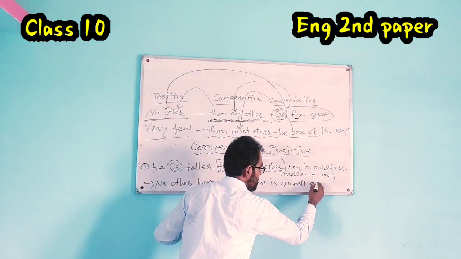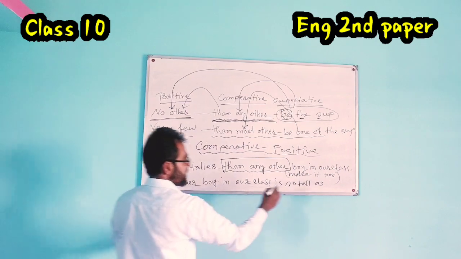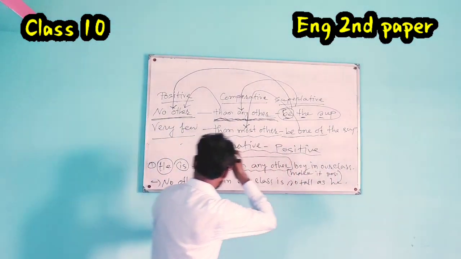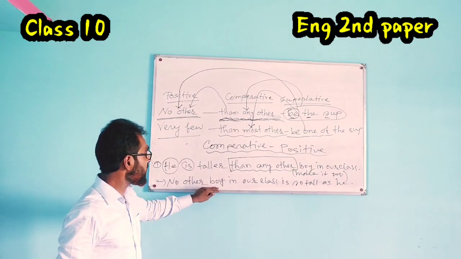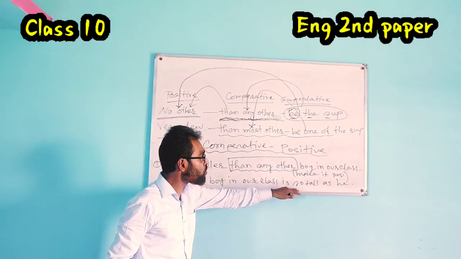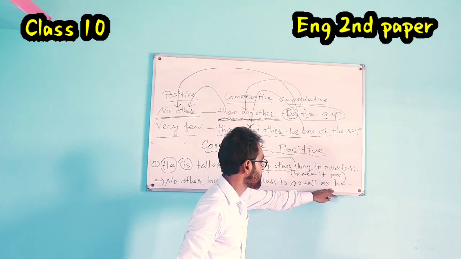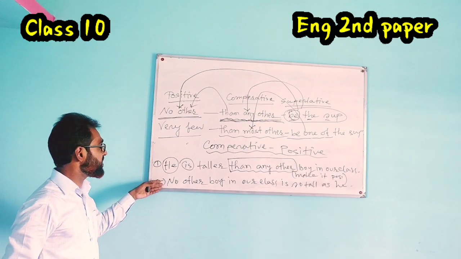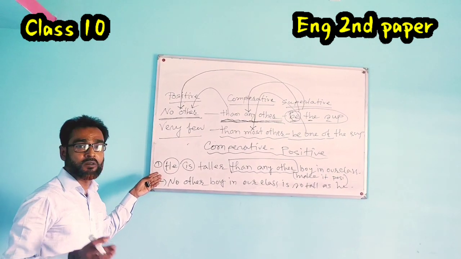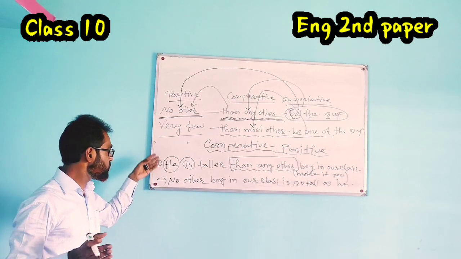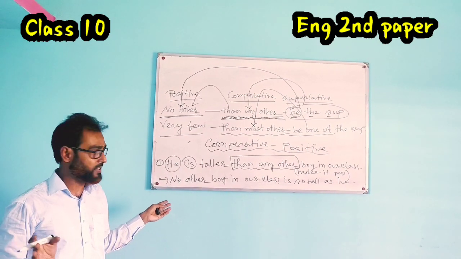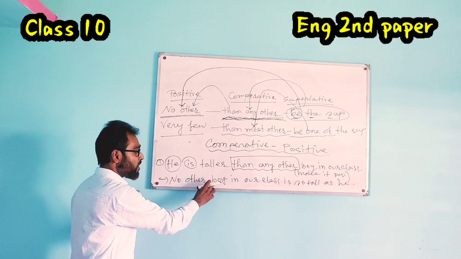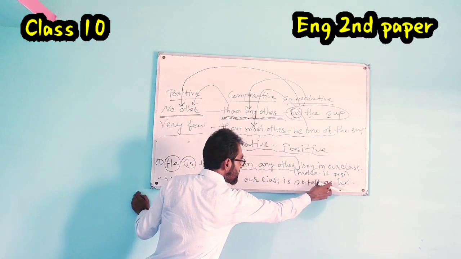Now, as from the rules, subject he. No other boy in our class is so tall as he. Dear student, there is no difference in meaning. No other boy in our class is so tall as he.